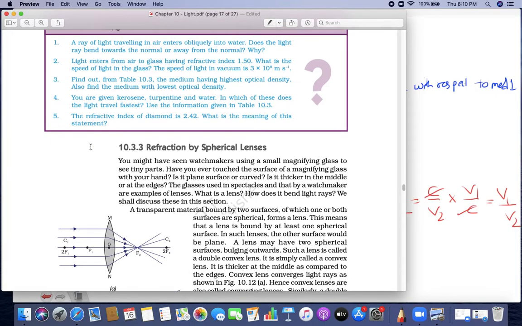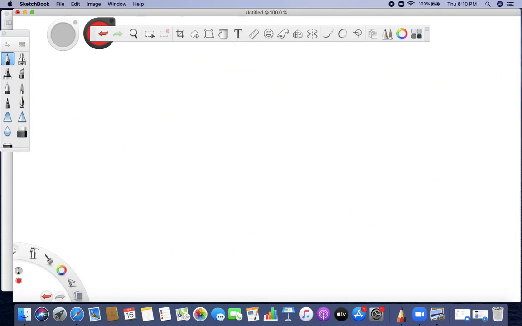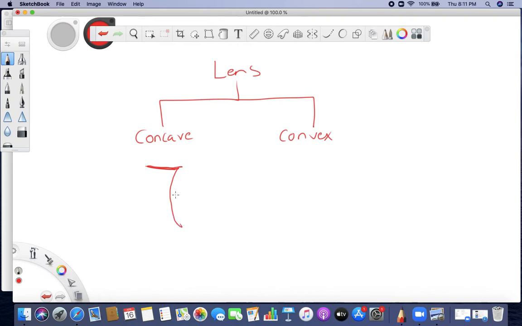Now we are talking about spherical lenses. Spherical lenses are of two types, again the way we have two types of mirrors. One is concave, another is convex. Okay. The concave lens is like this; as I said, it is like a cave.